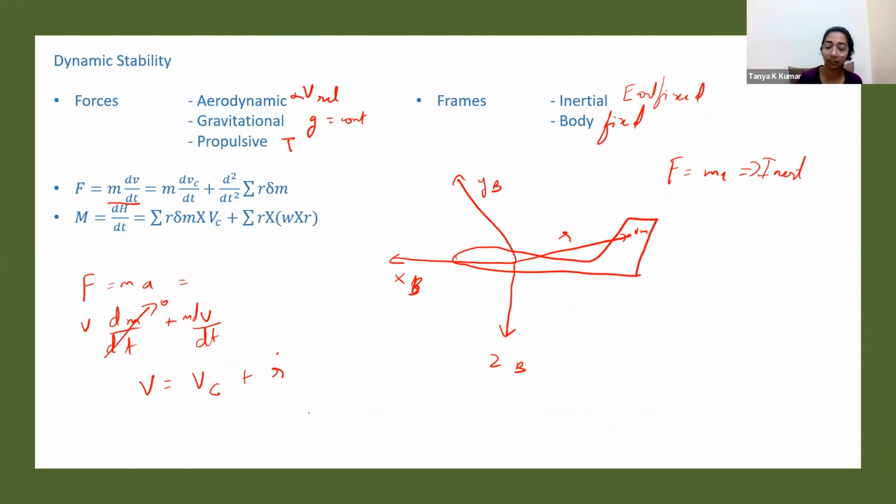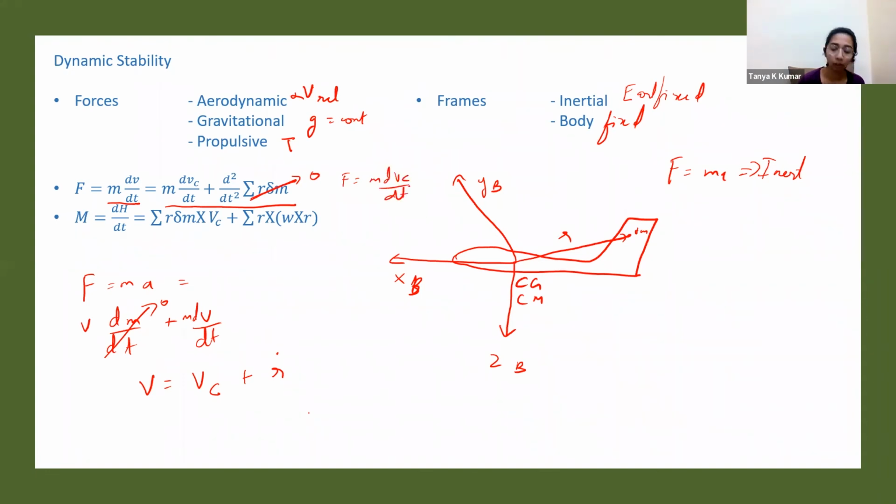So the rate of change of the velocity of that point is also considered here. So after solving it, finally we get this equation, and we know that sigma r dm, since your body fixed axis is originating at the cg or cm, center of mass or center of gravity, goes to 0. So your final F becomes m dvc by dt.